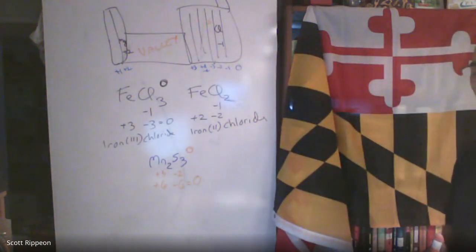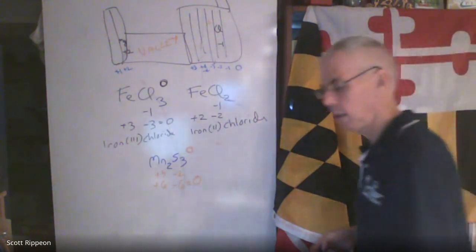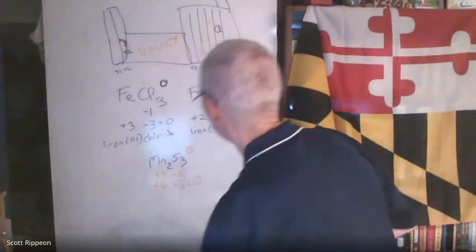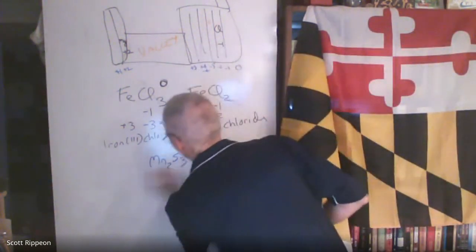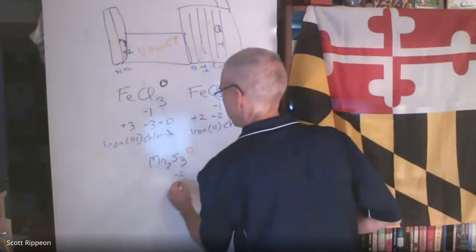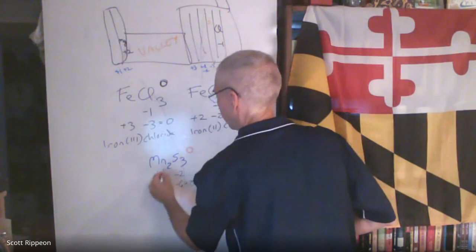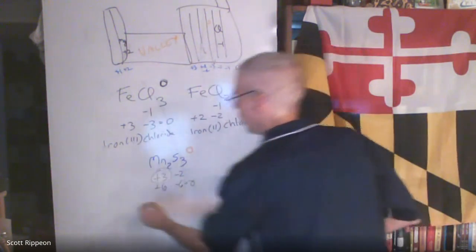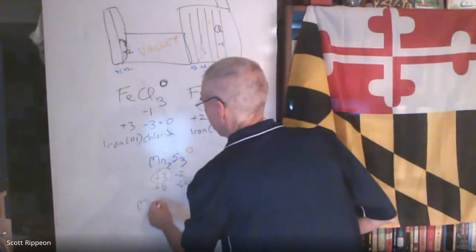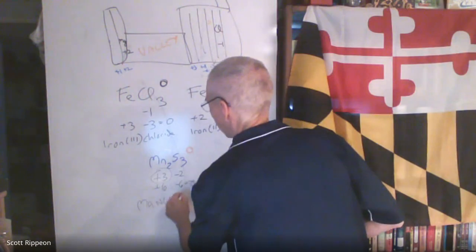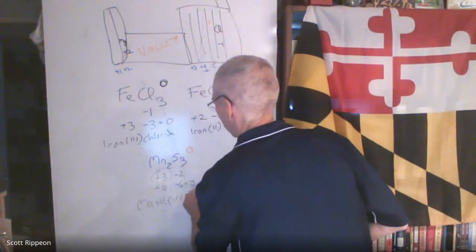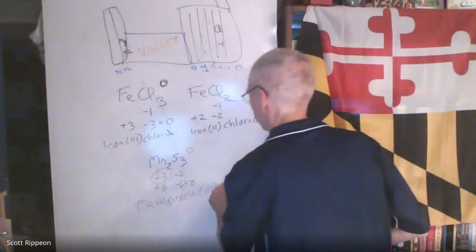Does that make sense? The orange is a little hard to see. Let me redo that real quickly. -2, so -6. We want the whole thing to be 0, +6, so +3. So now we're going to name this thing manganese(III) sulfide.